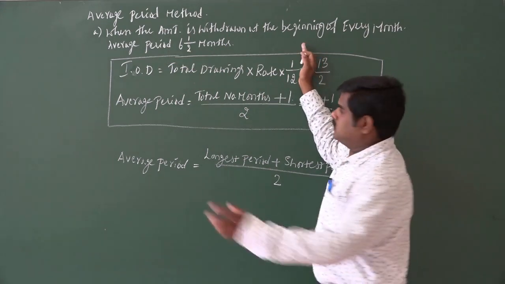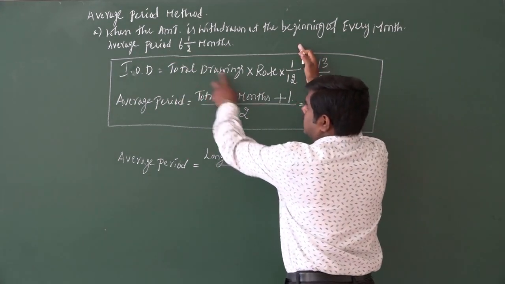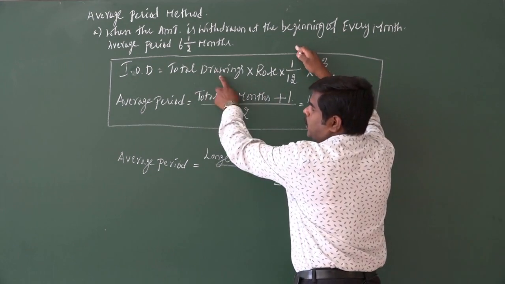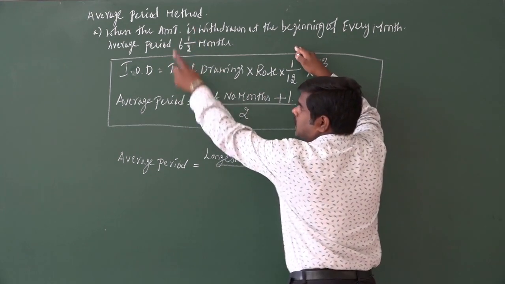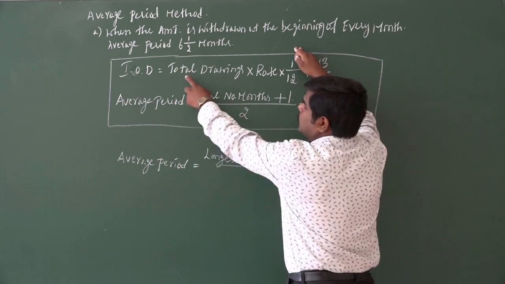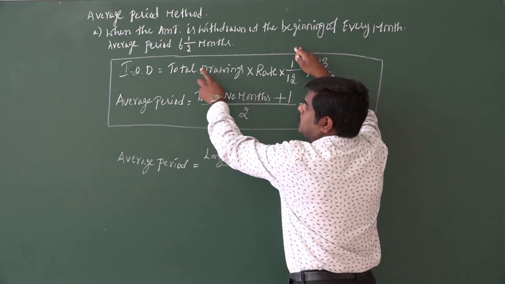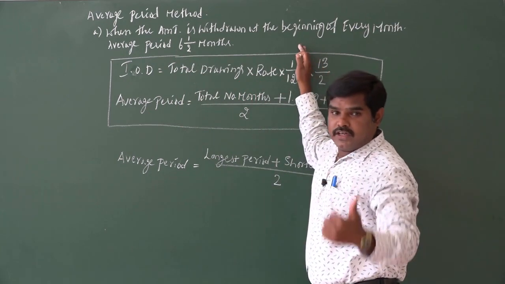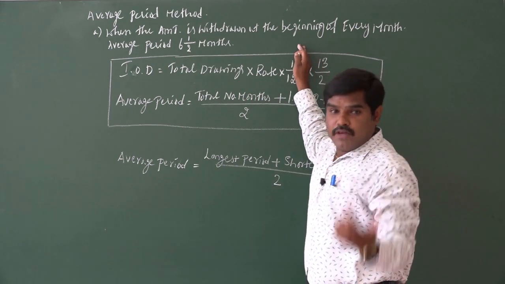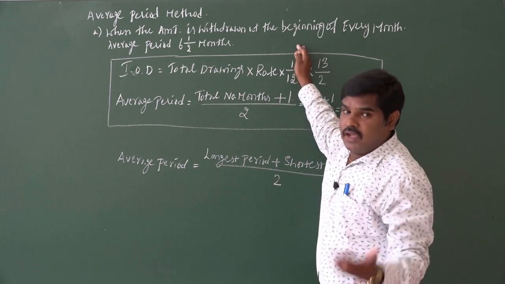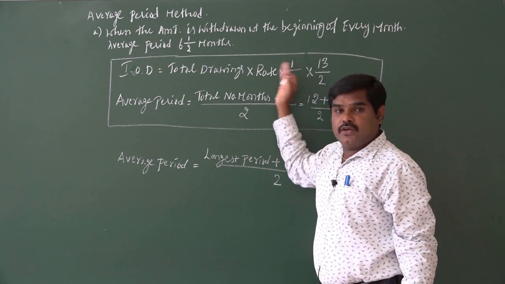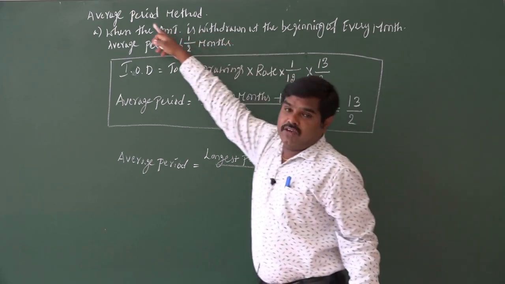Just like the product method, in the product method you get total product into rate into 1/12. But here we are not applying the product method, we are applying the average period method. In average period method, first we have to calculate the total drawings. Total drawings into rate into 1/12 is common whether it is at the beginning of every month, middle of every month or last day of every month. But the last multiplier will keep changing depending on the average period.